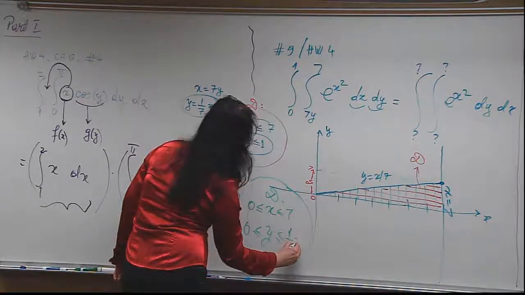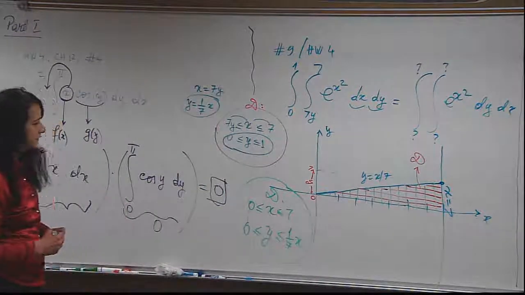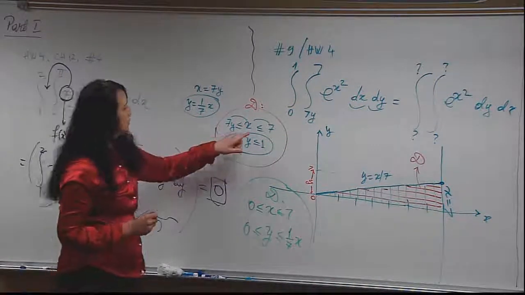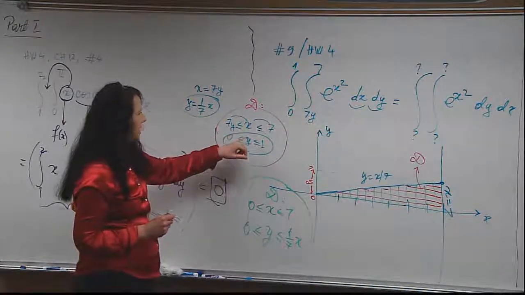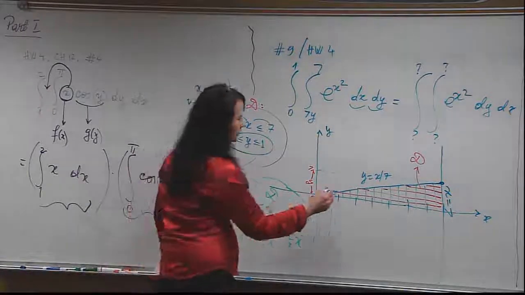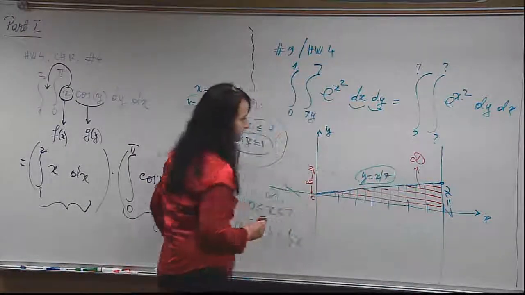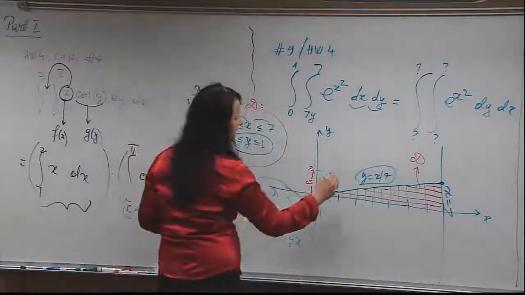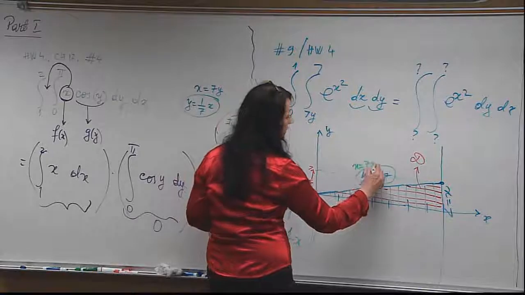Right? Is it x over 7? y equals x over 7 is this fellow, which was the same as x equals 7y before.